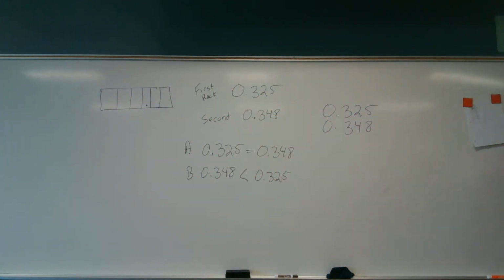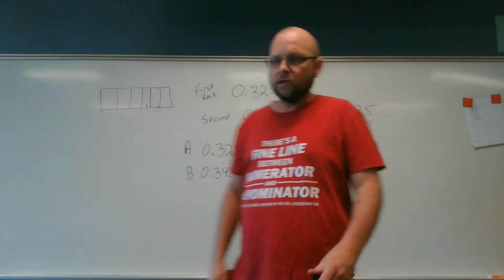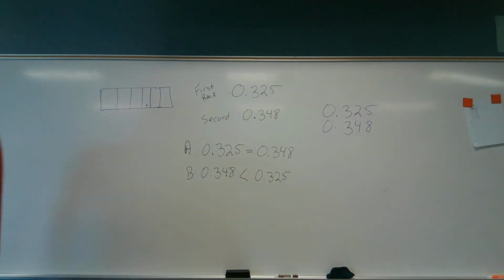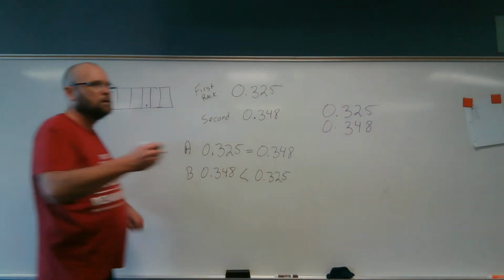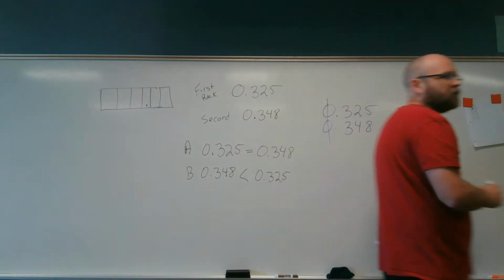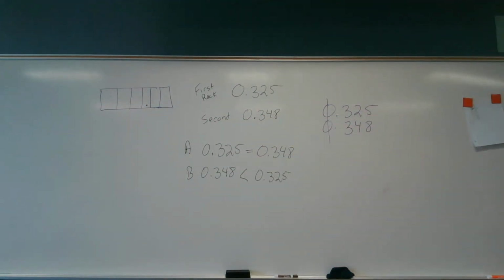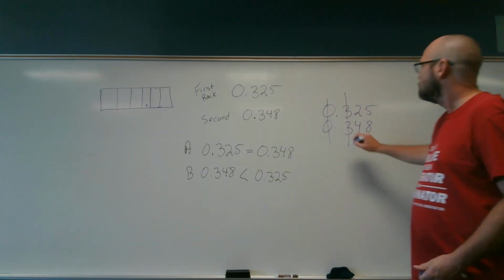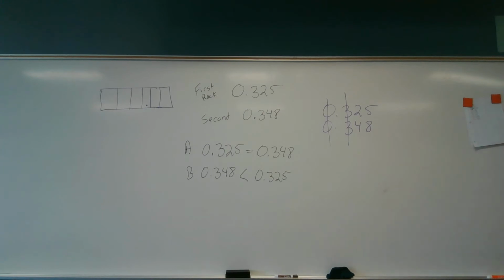So now we look. Daniel, is there a difference in the ones place? No. Daniel, is there a difference in the tenths place? No. Daniel, is there a difference in the hundredths place?